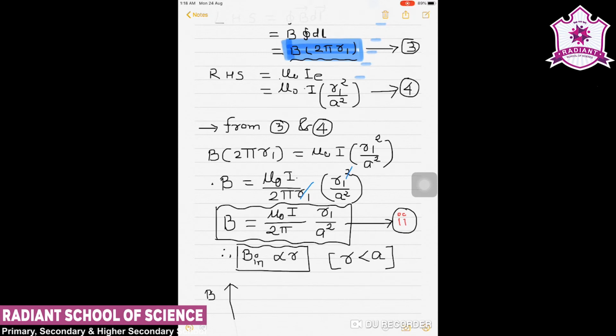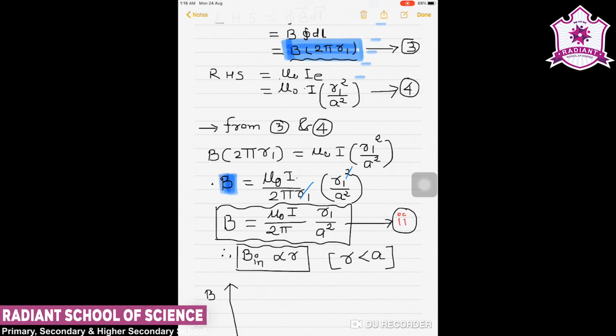When we make B the subject, all the terms go to the denominator, giving mu 0 I upon 2 pi r1 into bracket r1 square over a square.